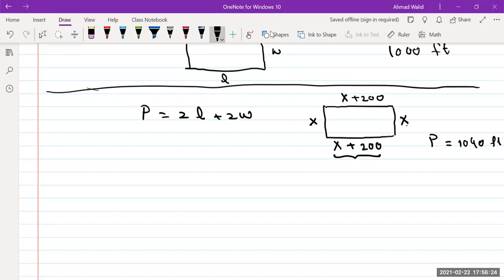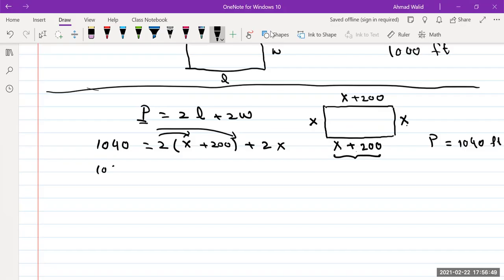Then let's write, or you can even plug in this formula. How much is perimeter? 1,040 equals 2 times length. How much is length? X plus 200. Plus, how much is the width? 2 times X. Here, distribute the 2. Instead of adding all of them, I just use the formula, right? 1,040 equals 2X plus 400 plus 2X.